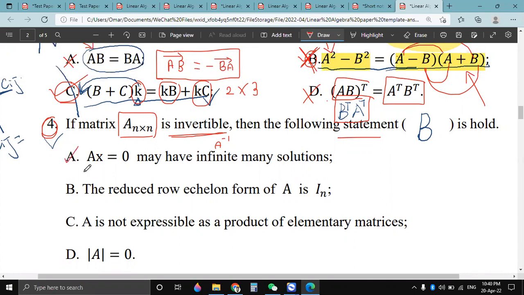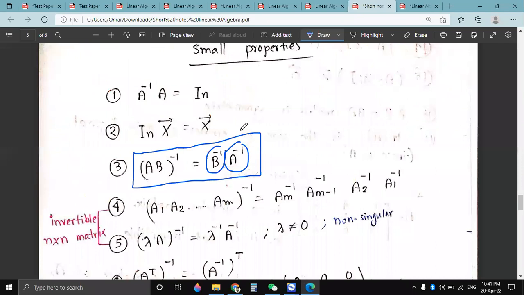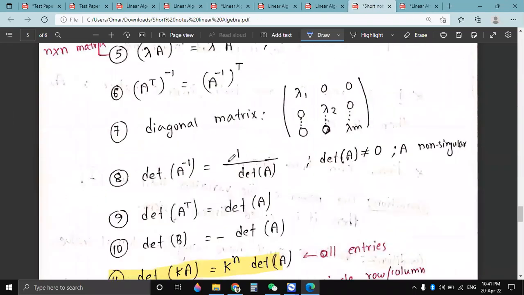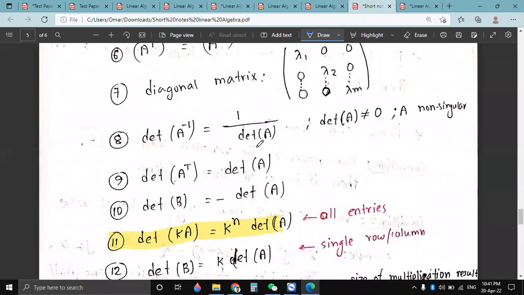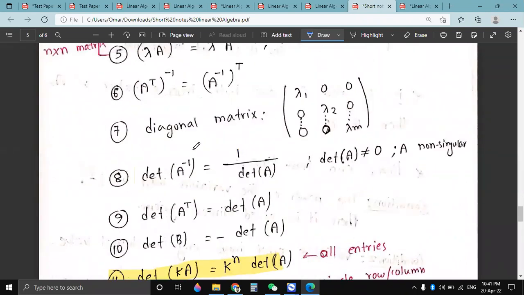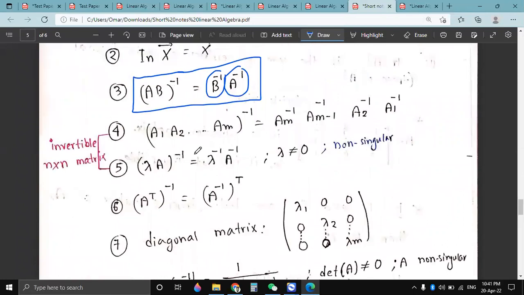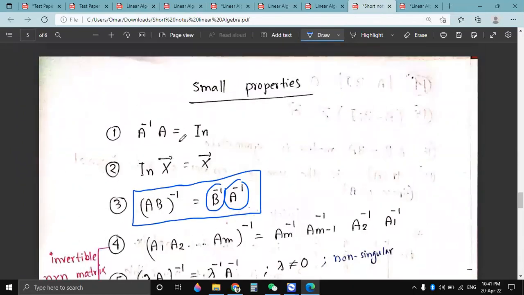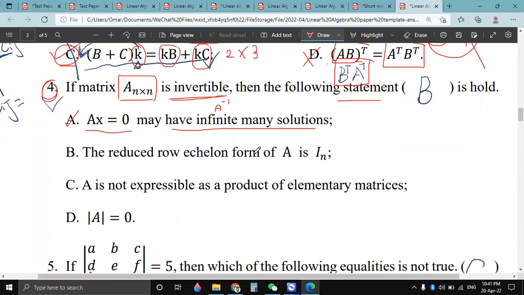The first option is A multiply x equal to 0. It has infinitely many solutions. So okay, inverse matrix. A inverse is identity matrix by a matrix.